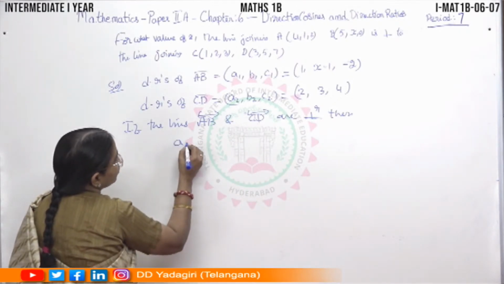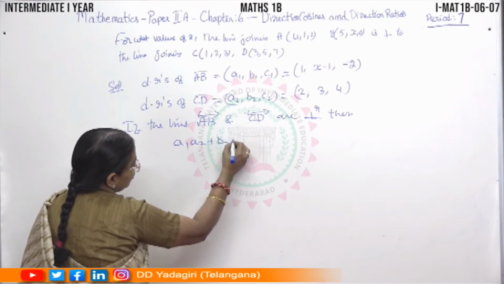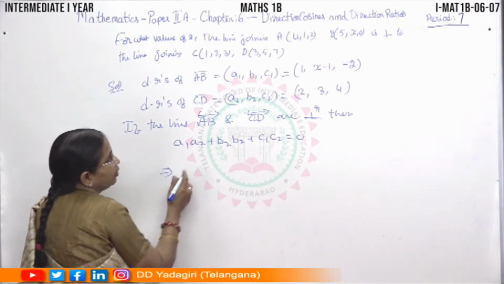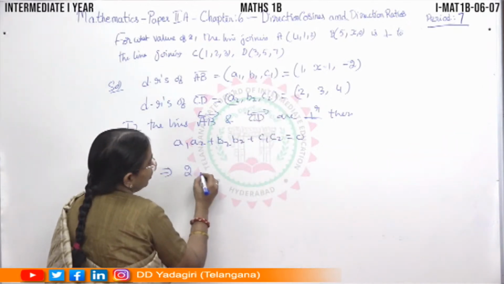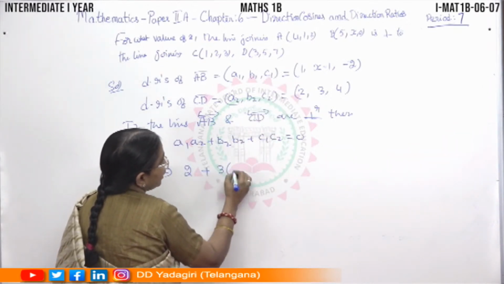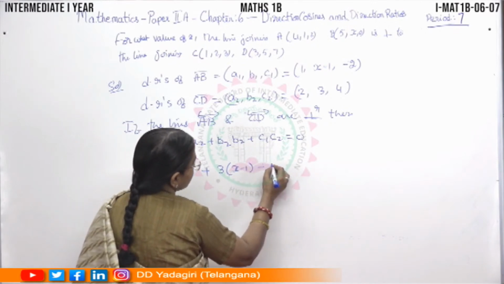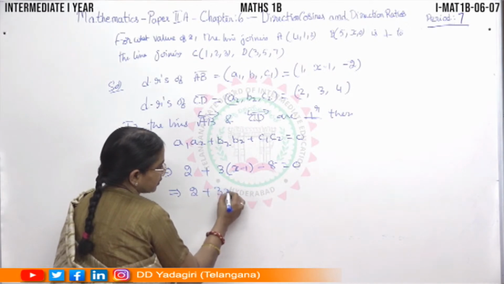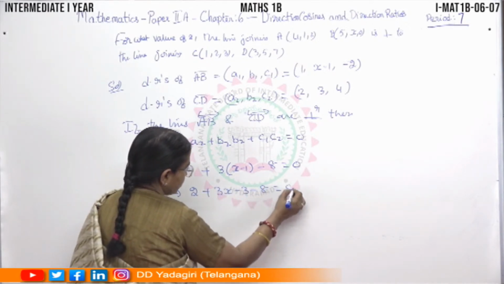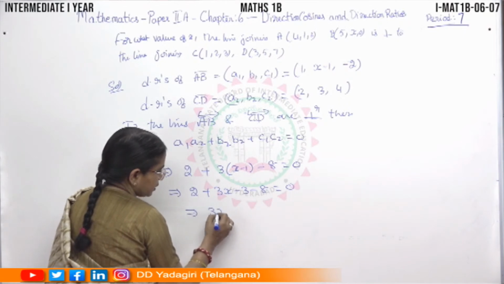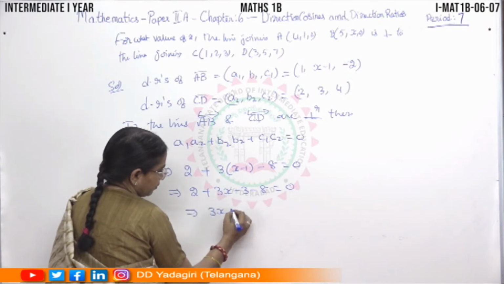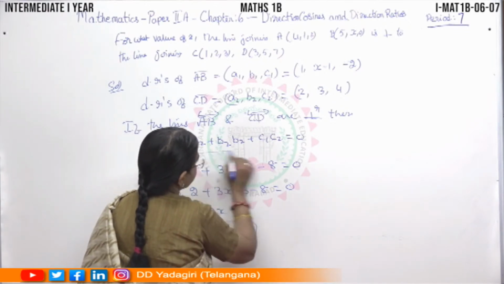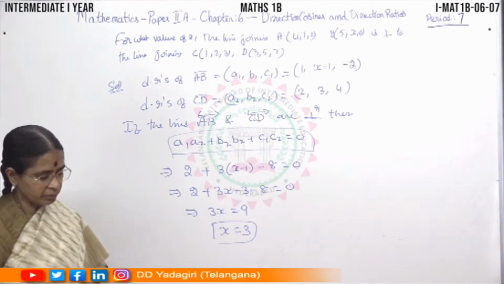Then A1 A2 plus B1 B2 plus C1 C2 is equal to 0. So multiply 2 into 1, that is 2, plus 3 into x minus 1 plus minus 8 is equal to 0. So that means 2 plus 3x minus 3 minus 8 is equal to 0. So 3x is equal to 9. So x is equal to 3. So like this you do. Always write this formula. The formula carries 1 mark.